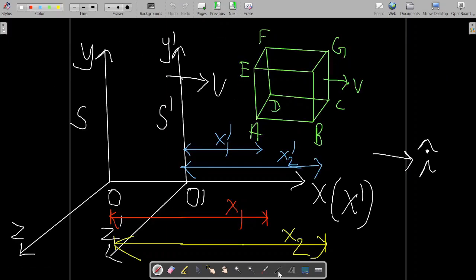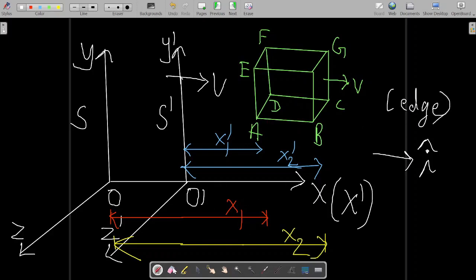What does it mean? This particular length AB will be contracted. This cube is moving along the i cap direction, so AB will be contracted because AB lies in the i cap direction.